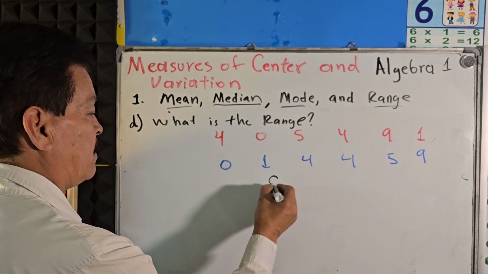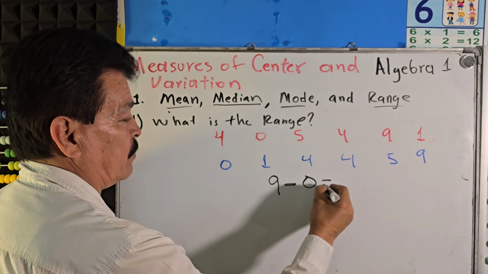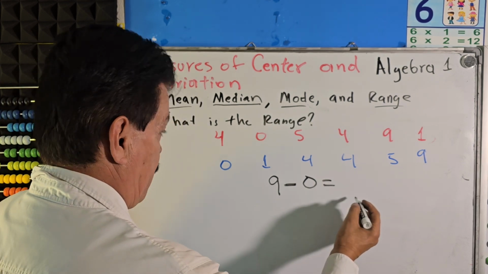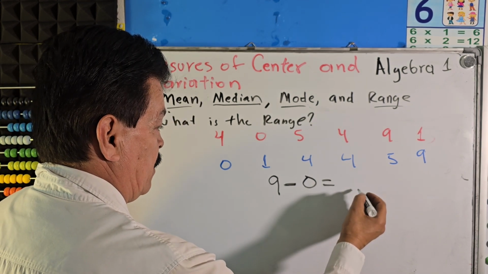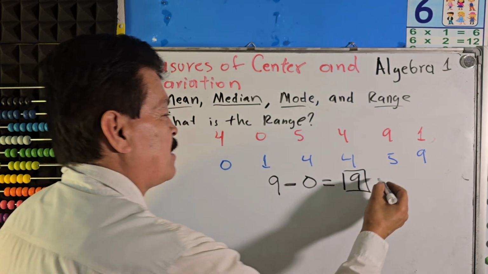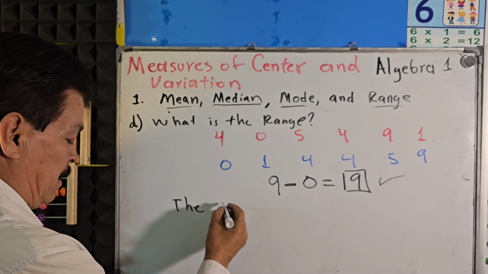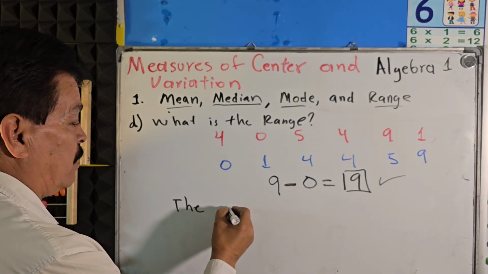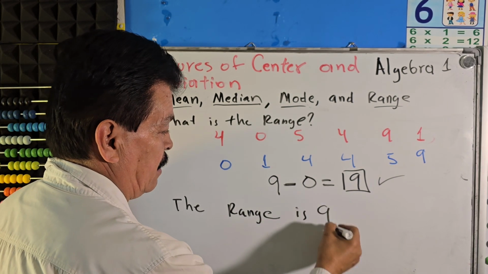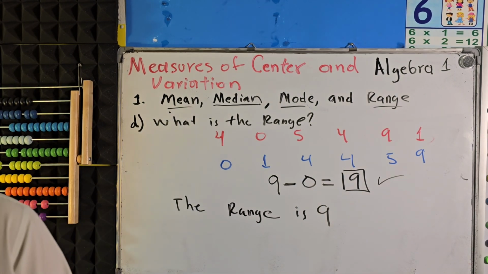In this case, the greatest one is 9. So the difference with 0. So subtract. So it is 9. Of course, very simple. It's not a complex problem. So the range is 9. That's the answer. Okay, it's the answer to our problem.